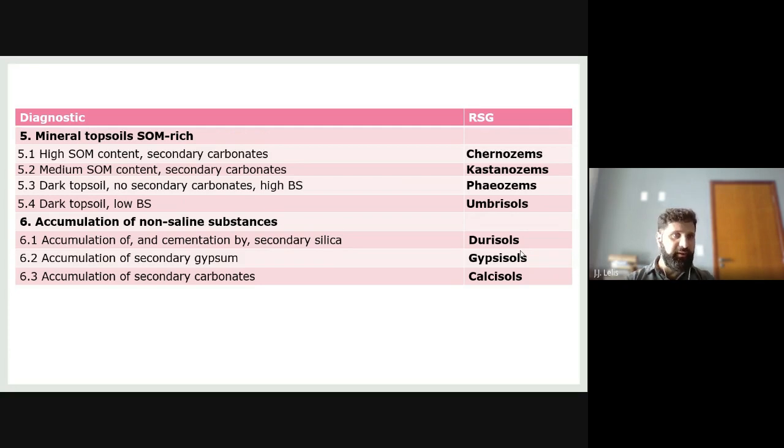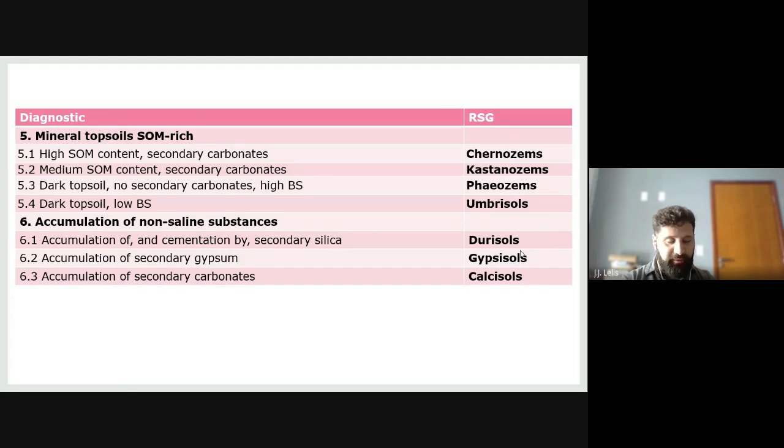We have those soils that possess a high soil organic matter or soil organic carbon content in the surface, and they present secondary carbonates. Those soils are called chernozems, and they are related to limestone weathering in environments that favor the production of soil organic matter.